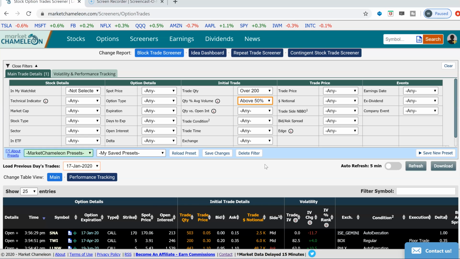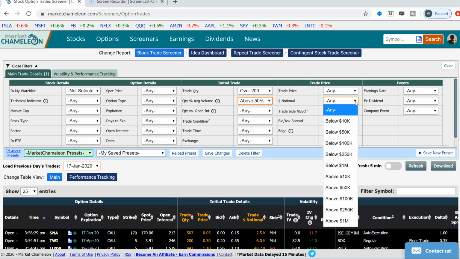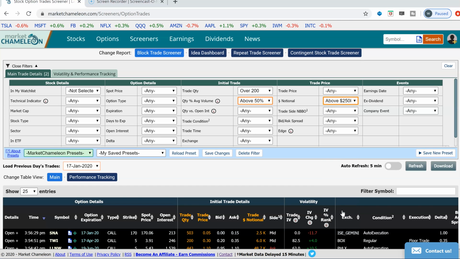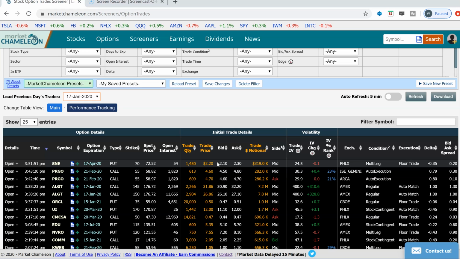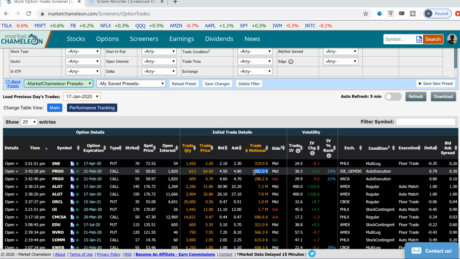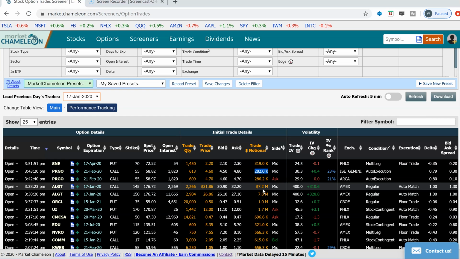So this is not a typical trade. It's large based on the average daily volume. I also want to look for a trade with a notional value above, let's say, 250,000. As you can see here, the notional values are 319,000, 282,000. So this more likely is an institutional trade or a trade by a professional.